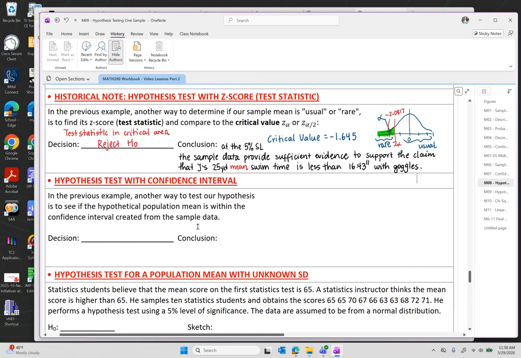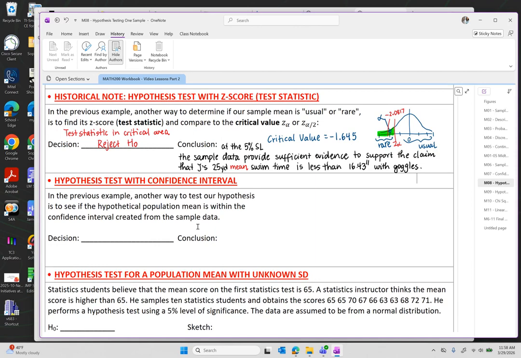So there is another way again to solve or to answer a hypothesis test, and that is to actually construct a confidence interval centered around your sample mean, and then see if that confidence interval actually includes the theoretical mean of 16.43 seconds. Now here is a trick, however.